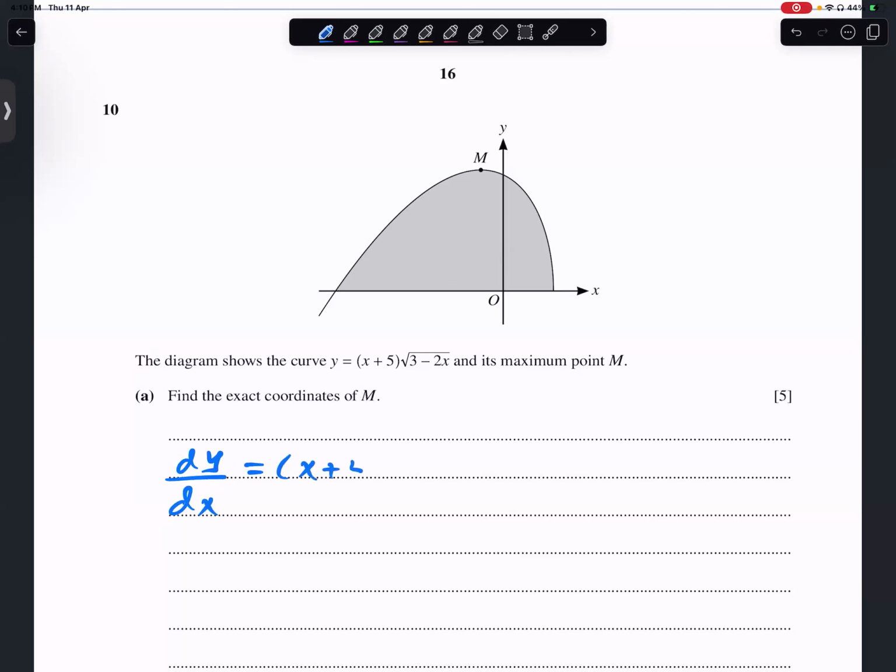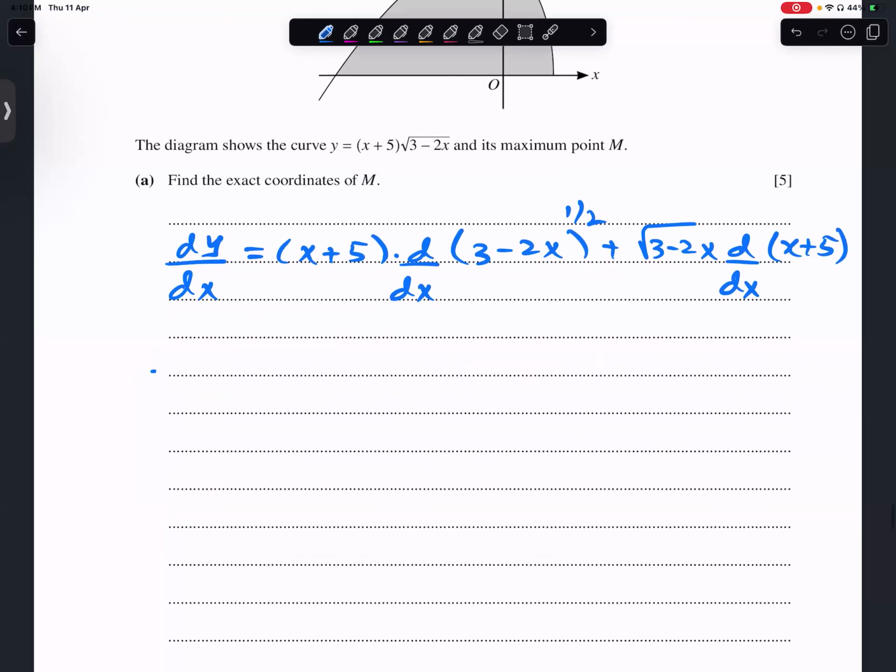First function as it is, derivative of the second function, plus second function as it is, derivative of the first function. x plus 5, derivative of that will be 2 times 1 over 2, 3 minus 2x into minus 2.